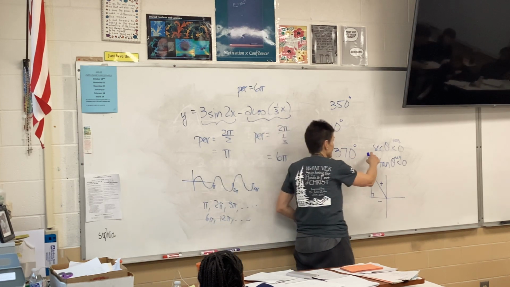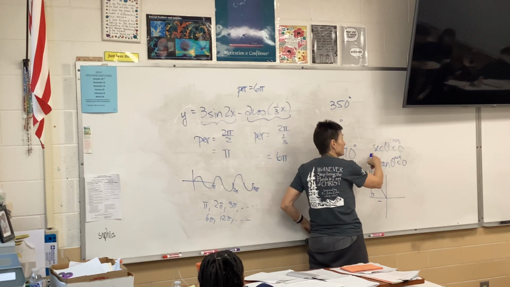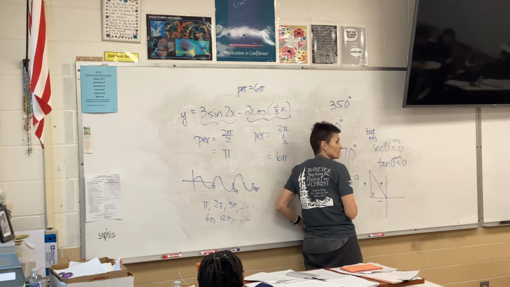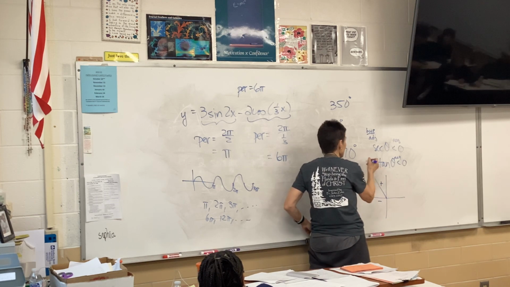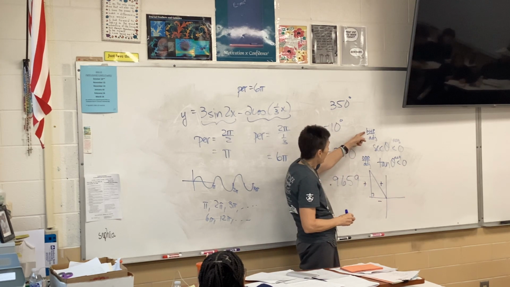Now, I'm interested in secant and tangent. Secant would be hypotenuse over adjacent, reciprocal of cosine. And tangent is opposite over adjacent. All right, so let's check it out.